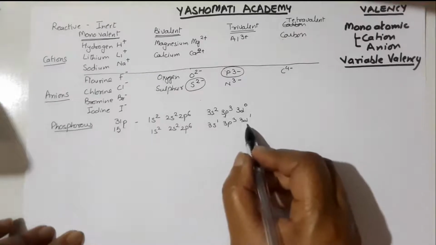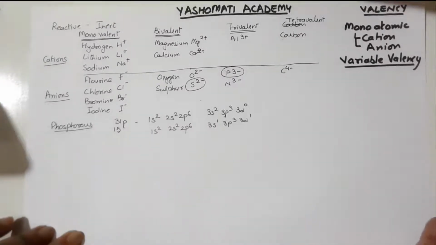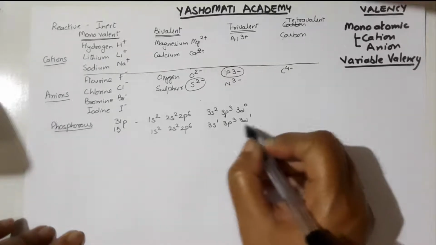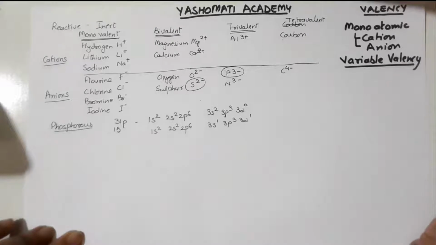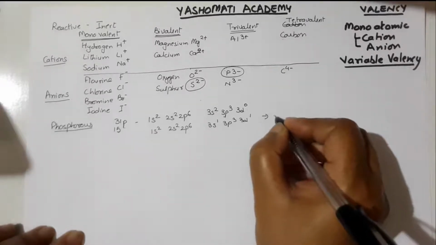Now in this case we can see that they are having 5 unpaired electrons. These 5 unpaired electrons can form 5 bonds. That means it will show the valency of 5 also.